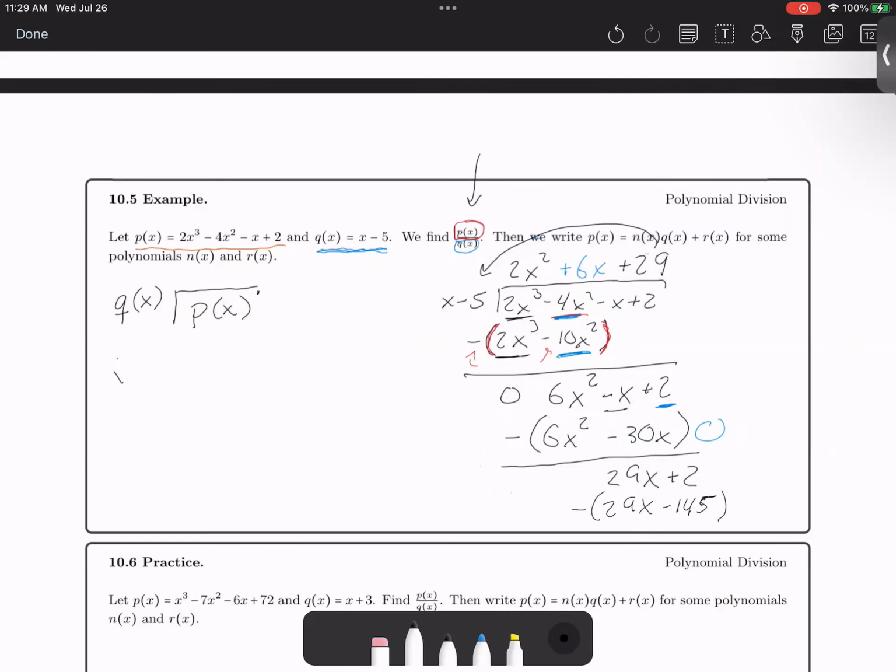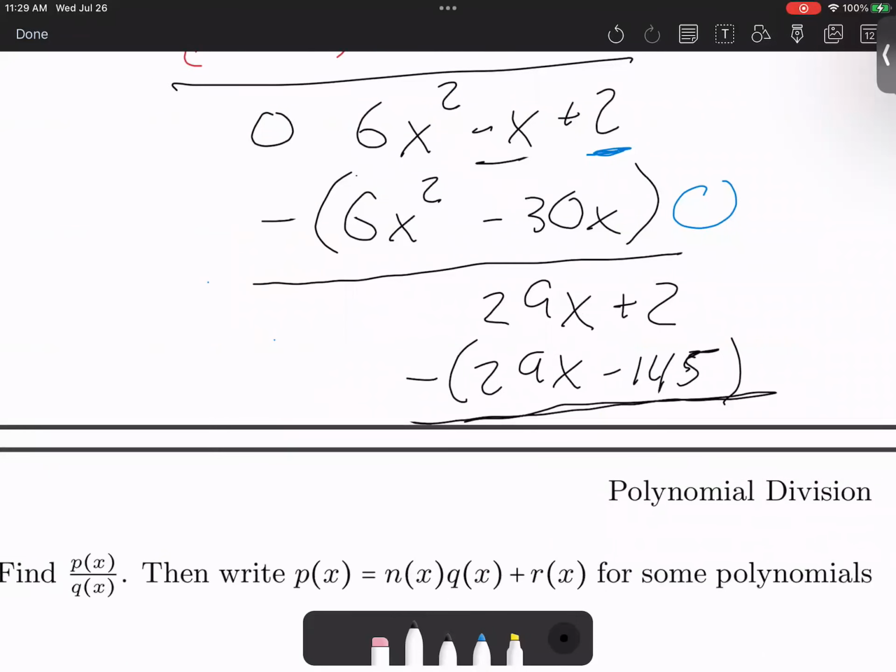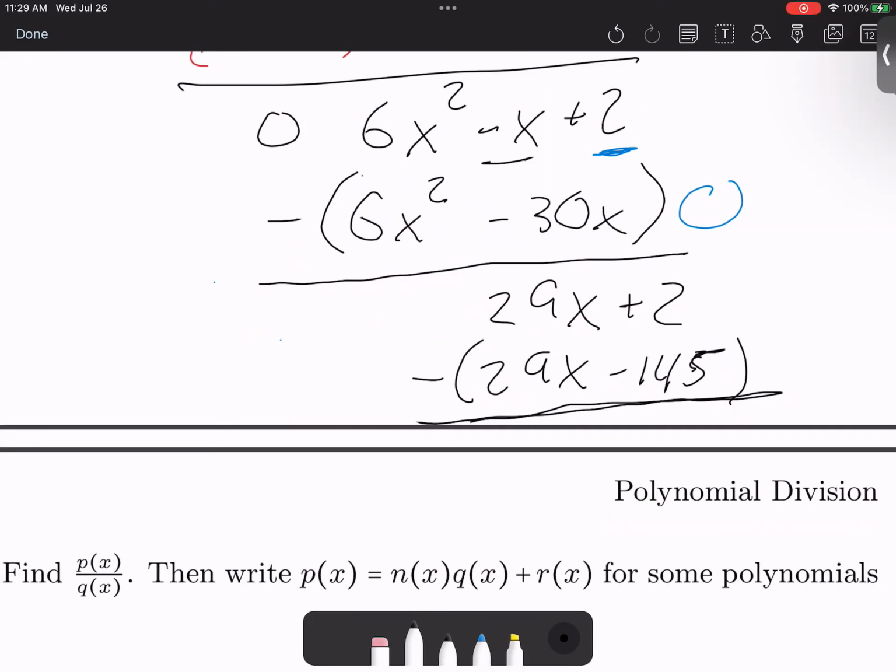Wrap that in parentheses because we are going to subtract it. And let's see here. So I don't have any x's now. And the constant that I have is 2 plus 145. So 147.